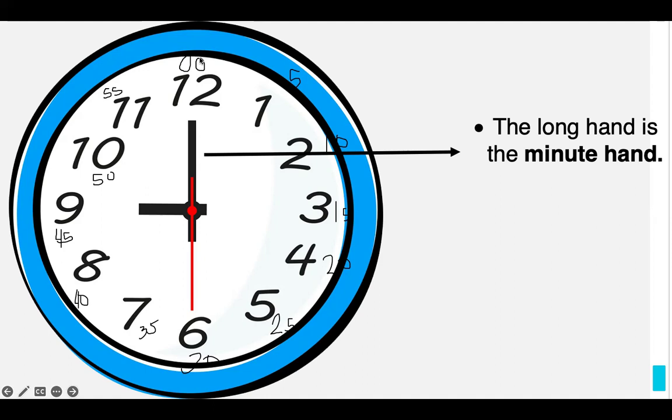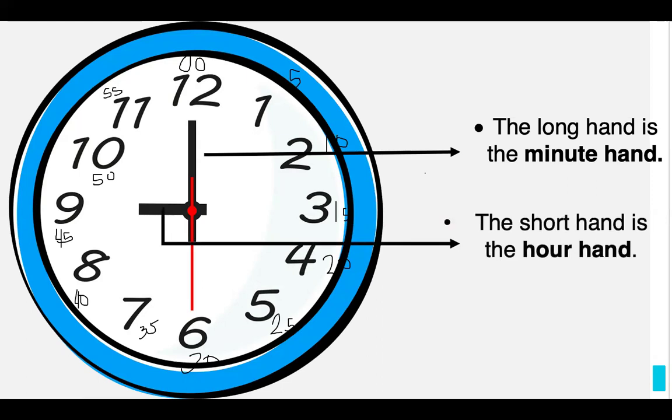Okay. So the long hand is the minute hand. So we have 5 minutes, 10 minutes, 15 minutes, 20 minutes, 25 minutes, 30 minutes, and so on. And the short hand is the hour hand, or it will give the hour of the time. Okay. And the red one that you see is the second hand.